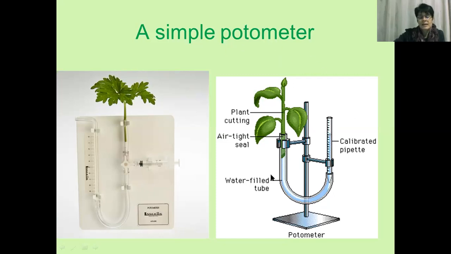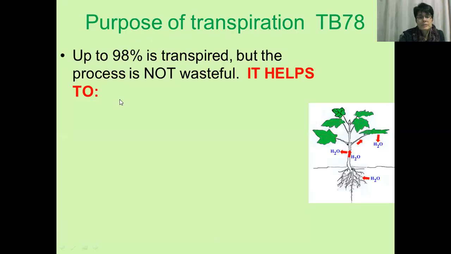Then you could put this apparatus under different conditions, like full sun, shady conditions, windy conditions, using a fan in the lab, or a very humid condition. I'm thinking of those big glass jars we've got in the lab. You put a big jar over the plant, simulating a very humid condition, just like in a forest. You can even push more water in all the way up and start the whole process again. So that's a simple photometer.